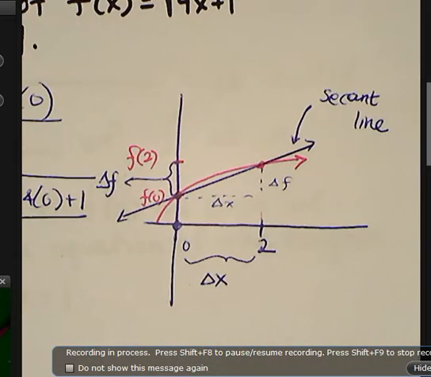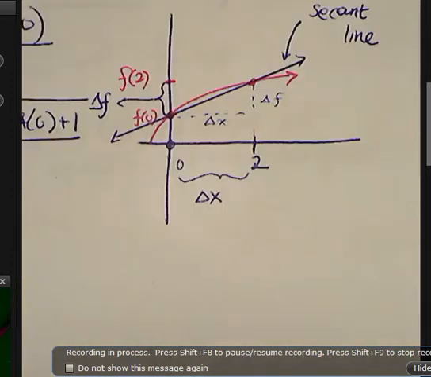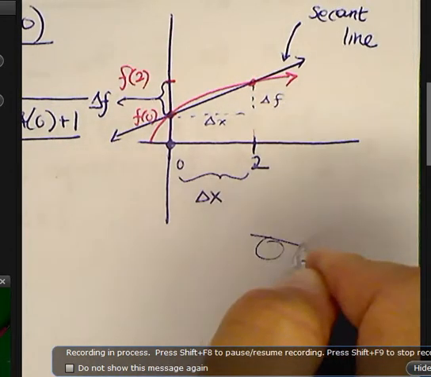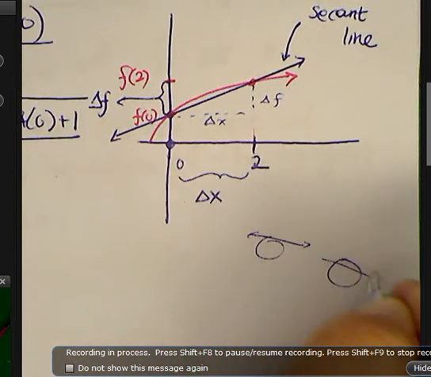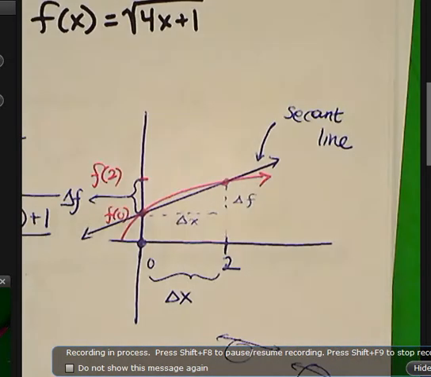Do you guys remember in geometry, in the circles, there's tangents to the circle and there's secants to the circle? When you have a circle, a tangent crosses the circle once, and a secant line is like a chord, it crosses it twice. So this is a secant because it crosses the curve twice, yeah? Okay.